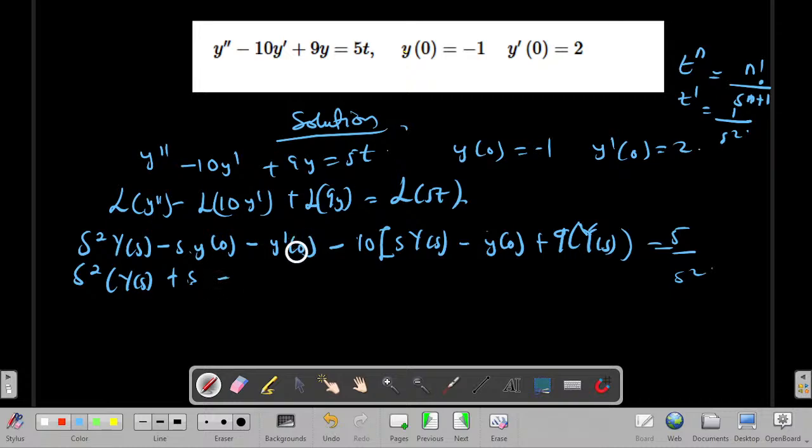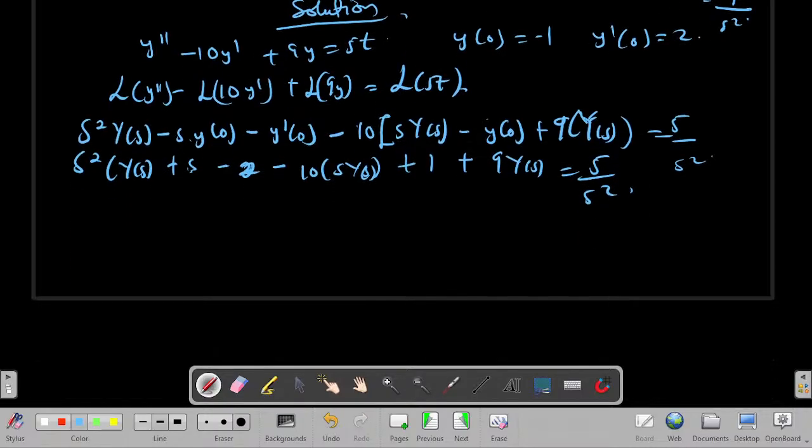Minus my y prime of 0, which is 2, so I simply have 2 here, minus 10 multiplying s Y of s, minus my y of 0 again, which is negative 1, becomes plus 1, plus 9 Y of s, is equal to 5 over s squared.